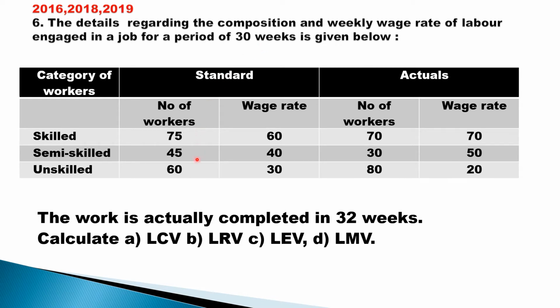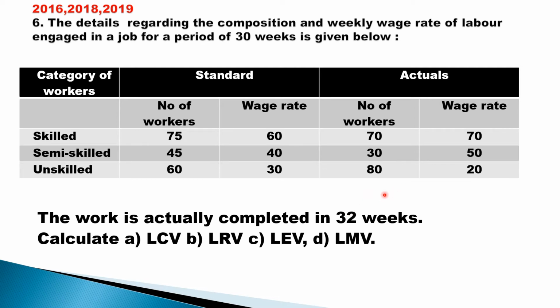If you do this process, you will get standard time for types of workers. How do you find actual time for different categories of workers? 70 into 32, 30 into 32, and 80 into 32.